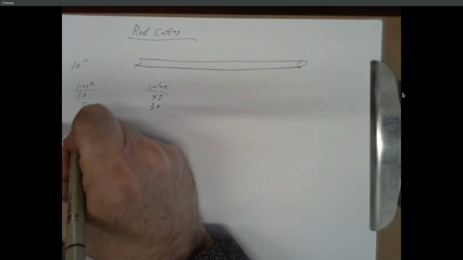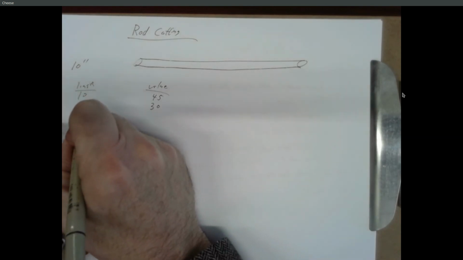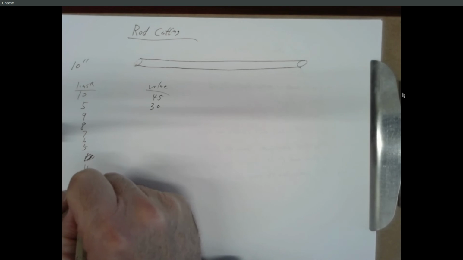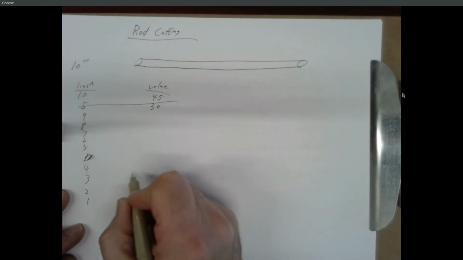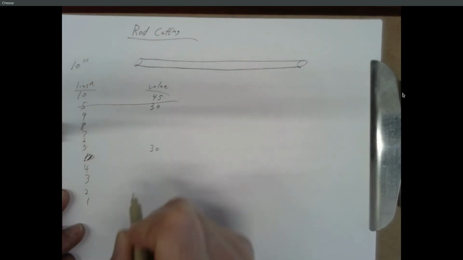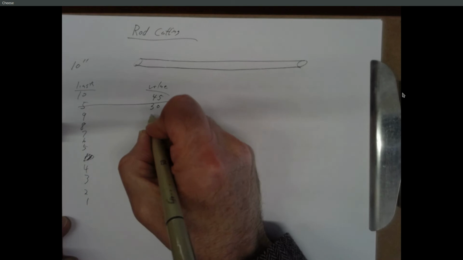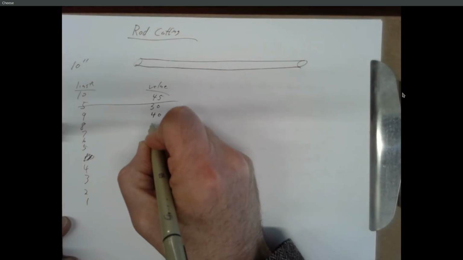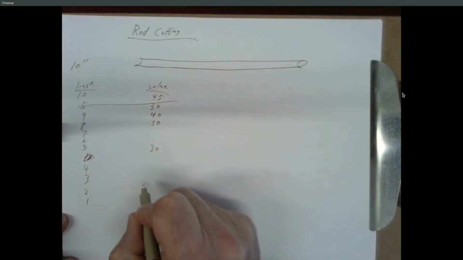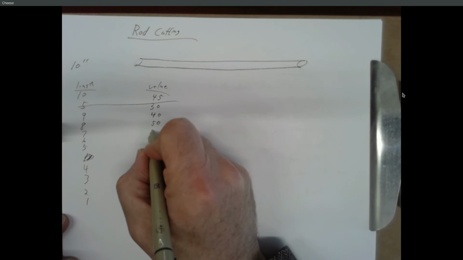And so you have a table of how much you can get for different lengths of this material. A 9-inch rod might be worth only 40 cents. An 8-inch might be worth more than a 10-inch.